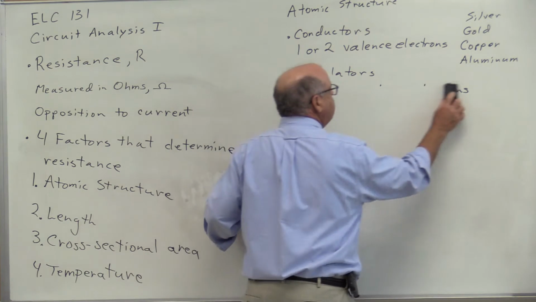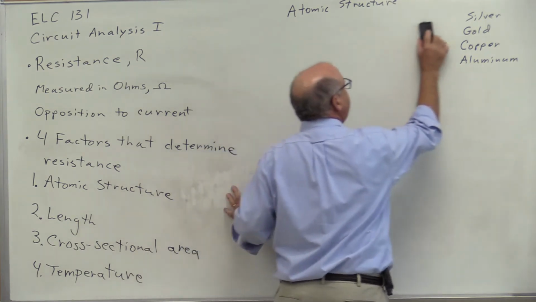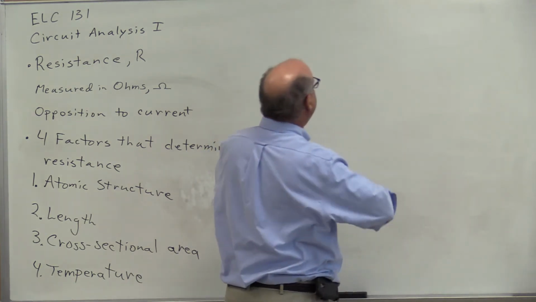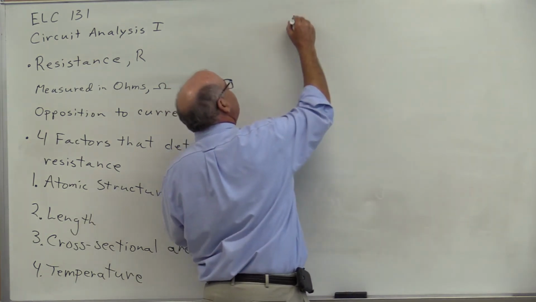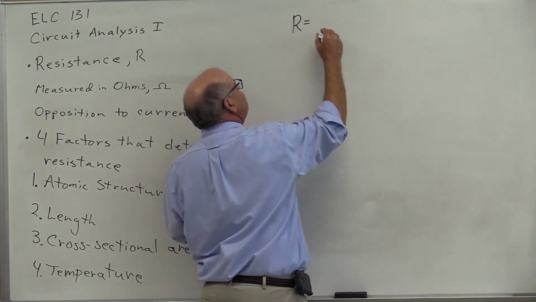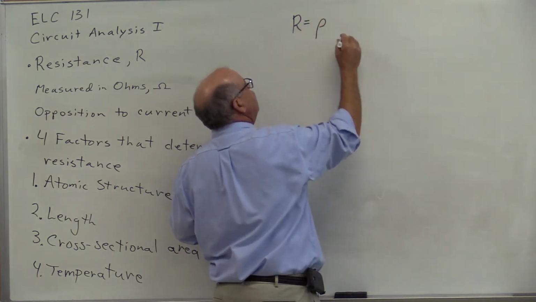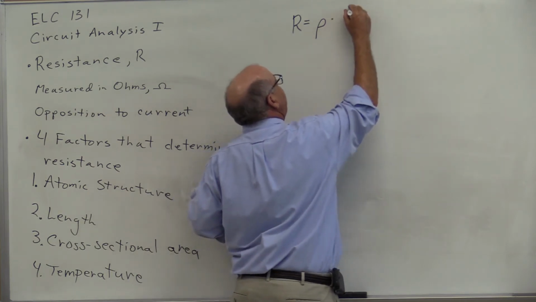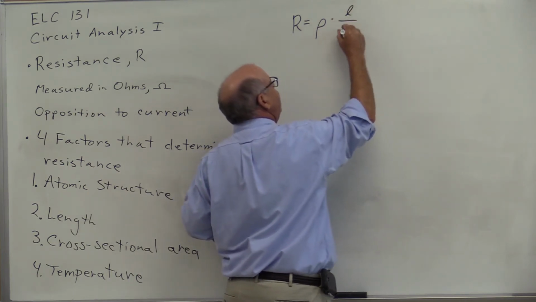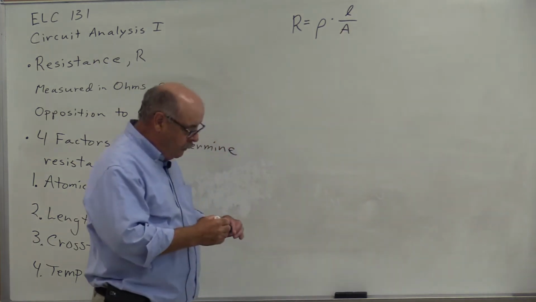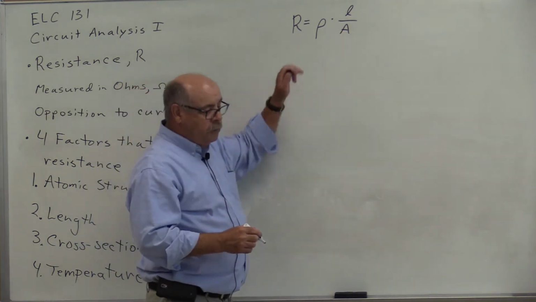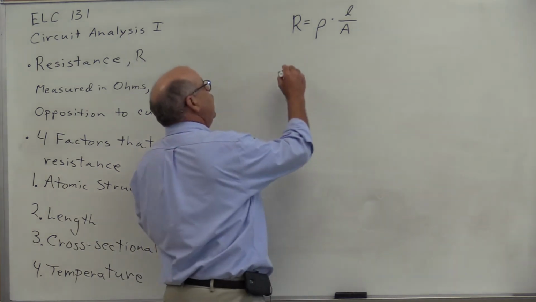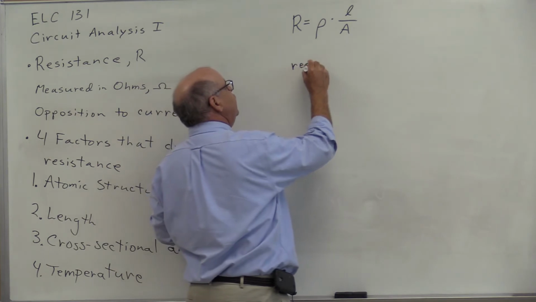Now, there's an equation that allows us to calculate the resistance of some material, some substance, and that equation is R, resistance, equals resistivity times length divided by cross-sectional area. Now, this symbol here is the Greek letter rho, standing for resistivity.